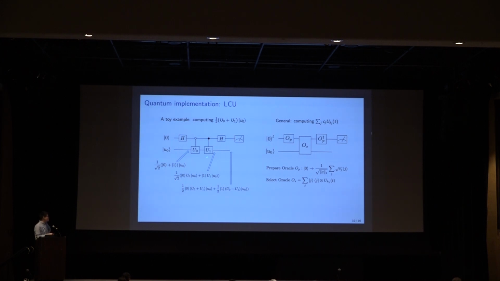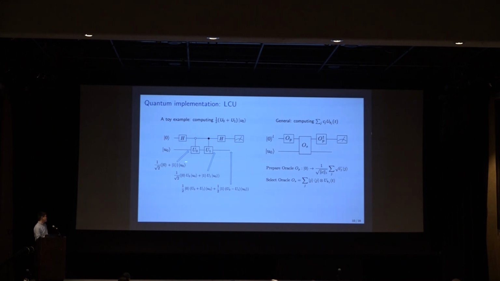After this controlled unitary, what I get is some quantity like this. The final step is to create the linear combination. I apply another Hadamard gate, and then I will have U0 plus U1 if my first ancilla qubit is 0. But of course, I have some orthogonal state. That is, if my first ancilla is 1, then we'll have something like U0 minus U1, which is something that I don't want.